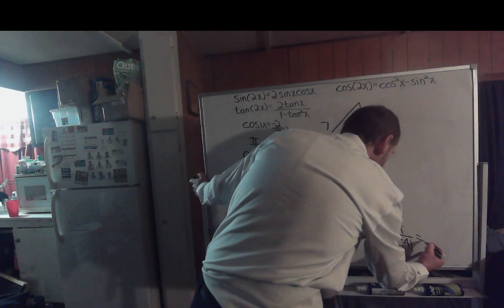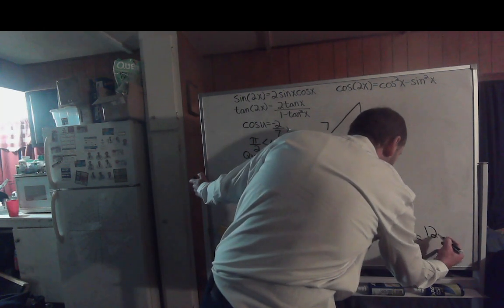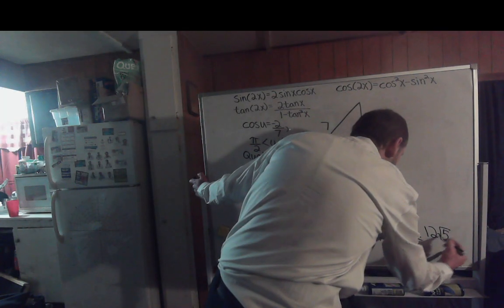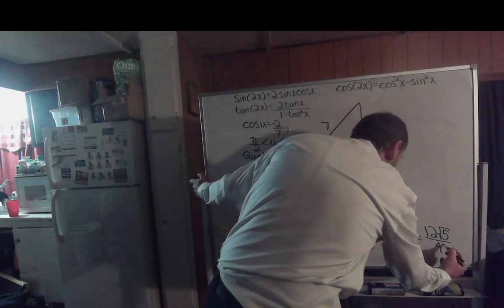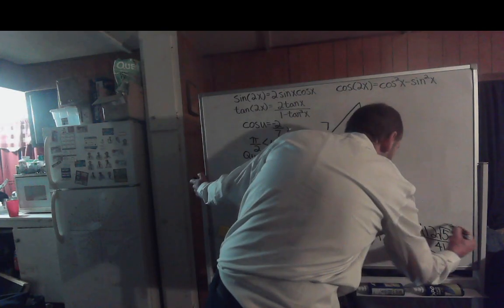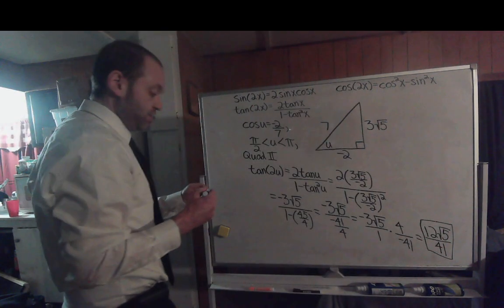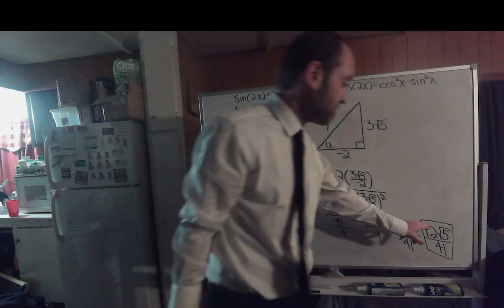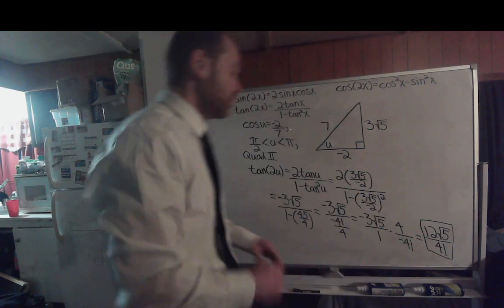Which in the end should end up giving you positive 12 times the square root of 5 over 41. That would be the value of the tangent of 2u, positive 12 times the square root of 5 over 41.